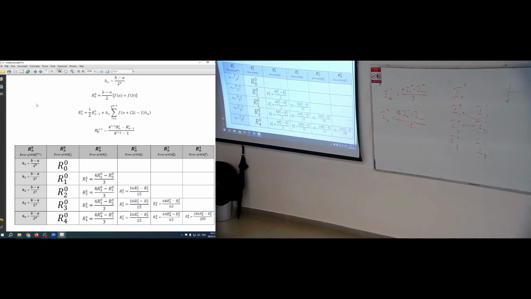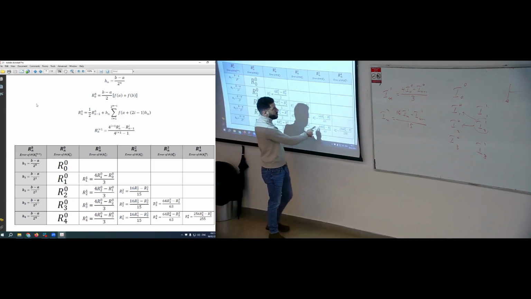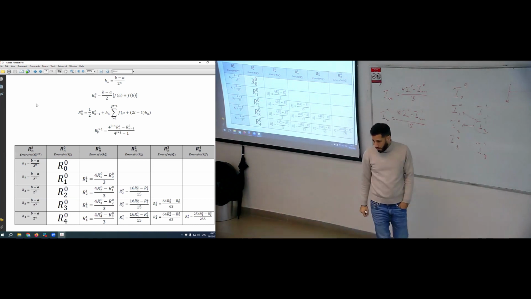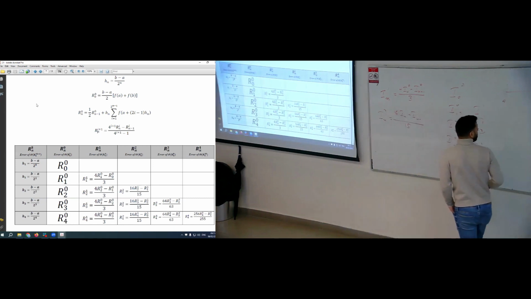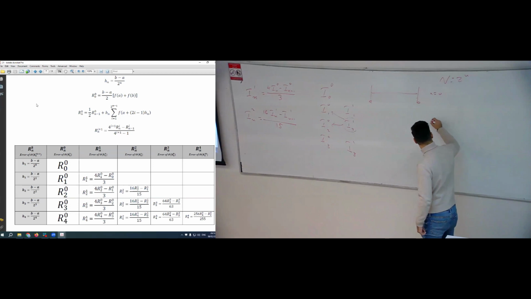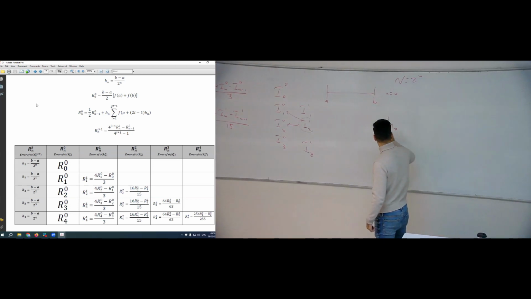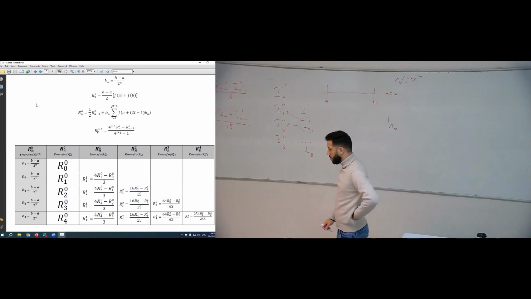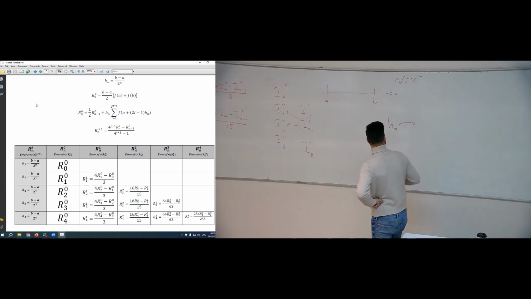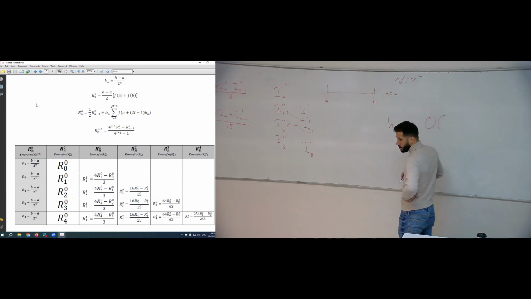Any question? So again, this has an error of order h squared, h to the fourth, h to the sixth, h to the eighth. So if I use h_n, which is 2 to the n segments, or 2 to the n plus 1 points, I can get an error of order what?